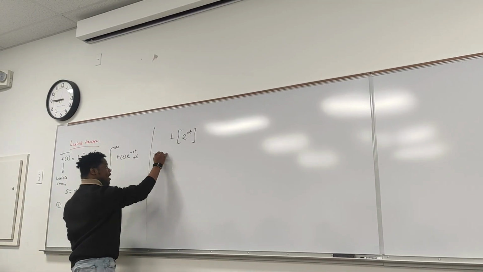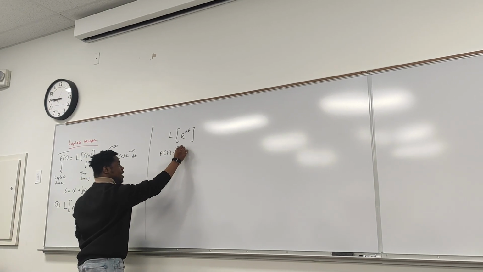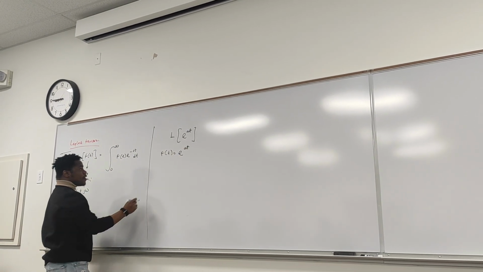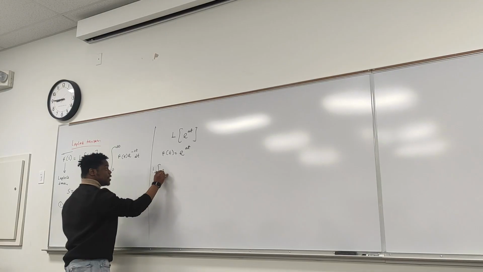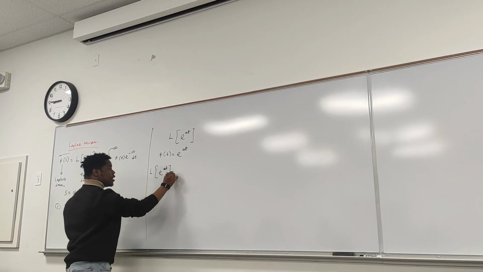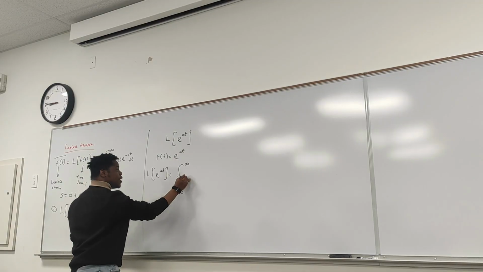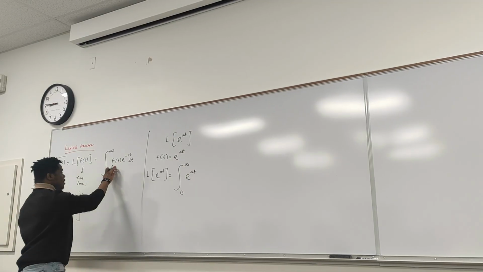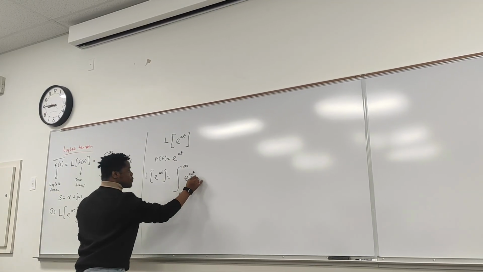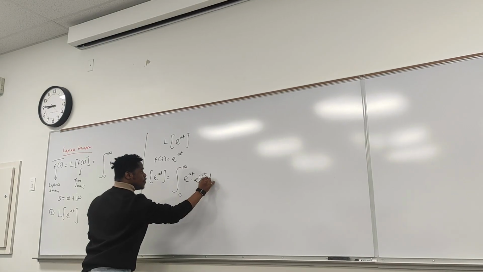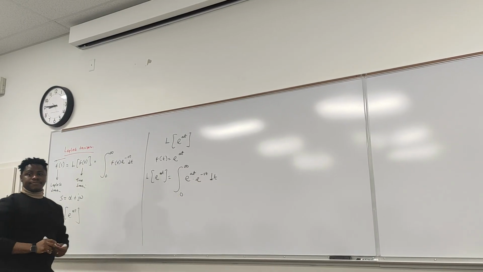What that means is that our f of t is exponential at. So the Laplace of exponential at becomes the integral from 0 to infinity of exponential at multiplied by exponential minus st dt. That is what it means.